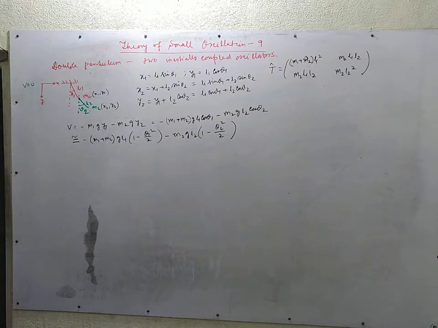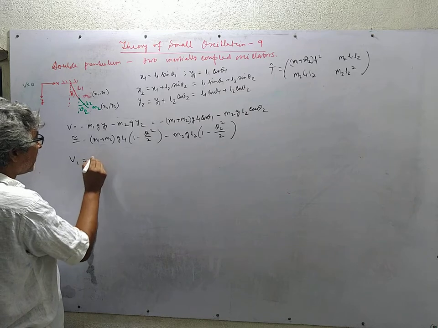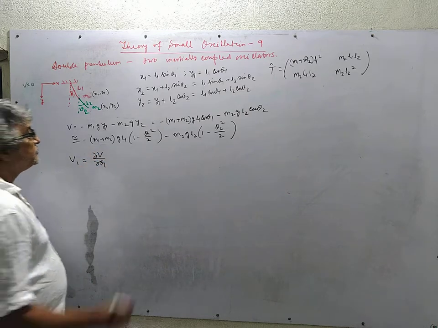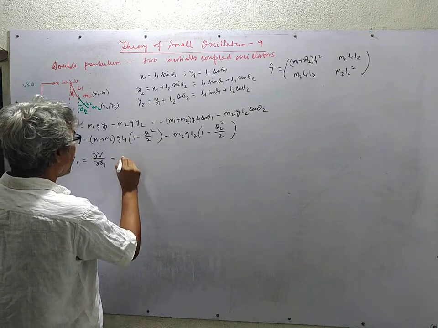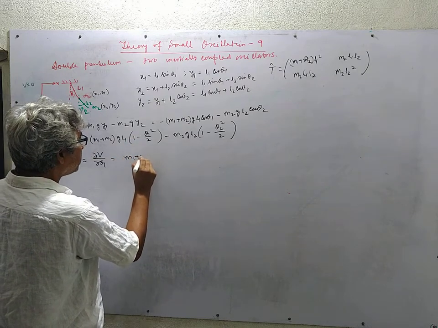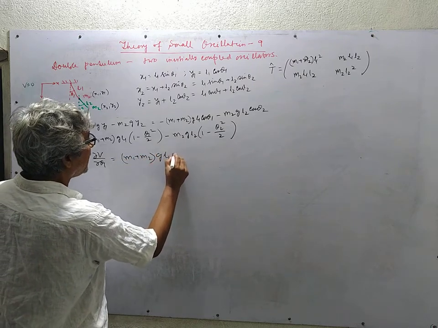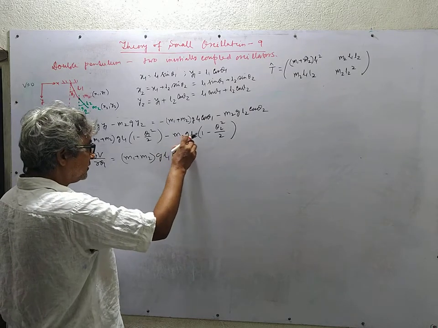Now we have to find out the matrix element of V. We know that we define P1 is equal to del V del theta 1. So this minus makes the sign plus (m1 plus m2) g l1 theta 1. Sorry, theta 1.